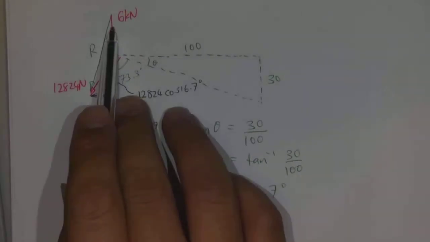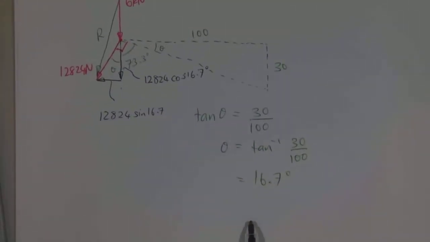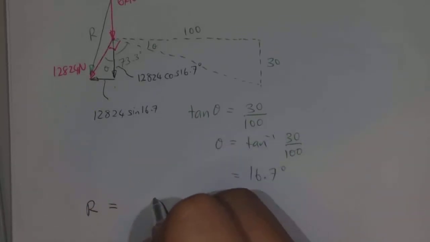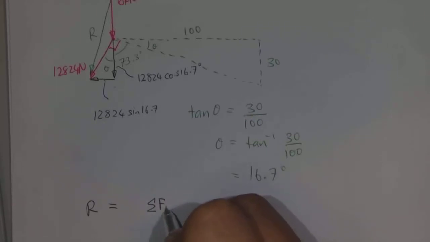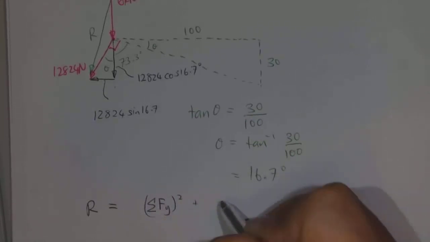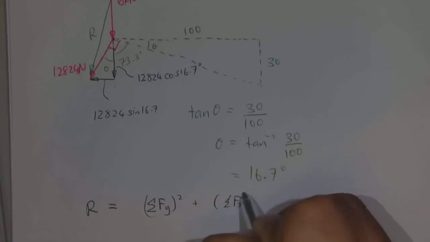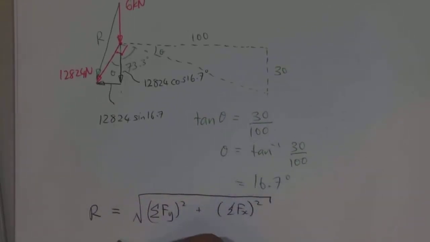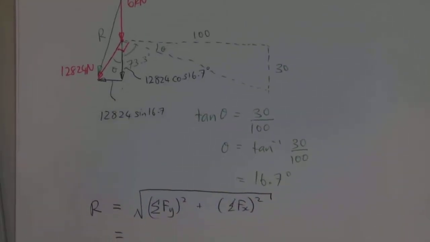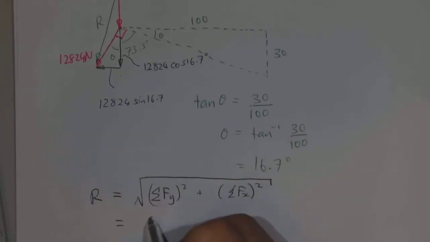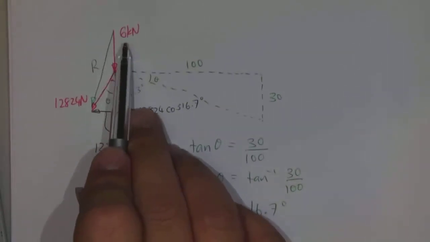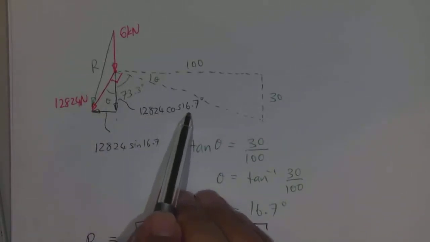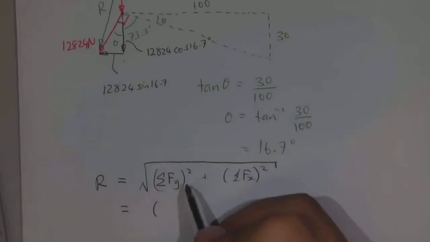Okay, so to find out the resultant, we have the resultant force, which is equal to the sum of forces in the y direction squared plus the sum of forces in the x direction squared, and then square root of that value. So to find that value, the summation of forces in the y direction would be equal to 6 plus 12,824 times cosine 16.7.